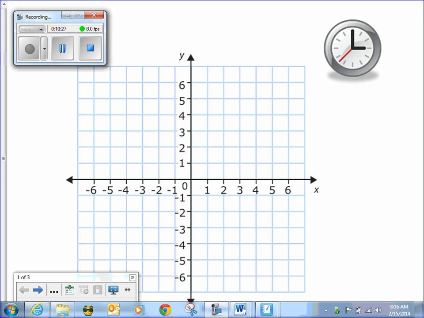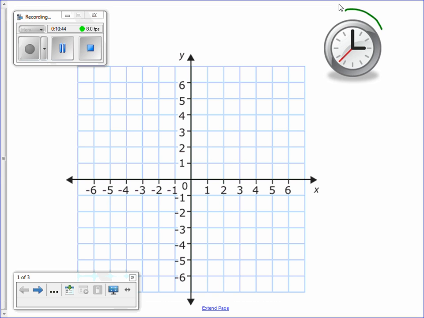So first things first. When you look at a clock like this in most of your classrooms, maybe not the math classroom, there's a second hand that sweeps around the clock, okay? And the way that that sweeps is what we call clockwise.